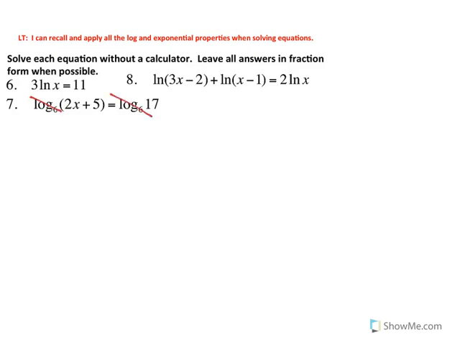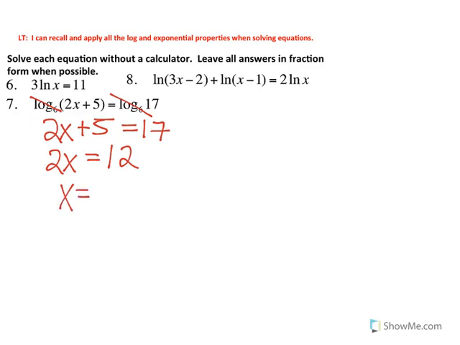I have the same log base on both sides, so I can drop the log base part and keep everything else. 2x plus 5 equals 17. And then all you have to do is solve that equation for x. Subtract 5 from both sides. Divide by 2 on both sides. Final answer, x equals 6.